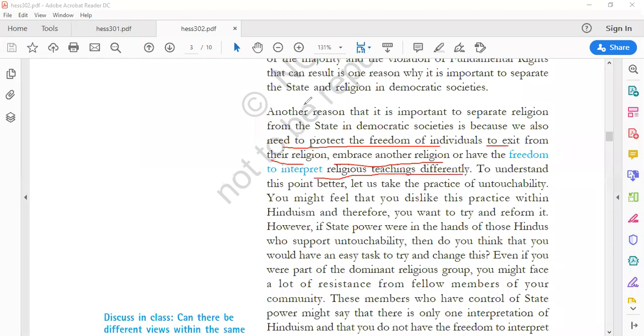This is your Article 25 to 28. This is how we define the right to religious freedom. This is clearly defined in Article 25, that is the right to religious freedom. This is exactly what it says. I will show you.